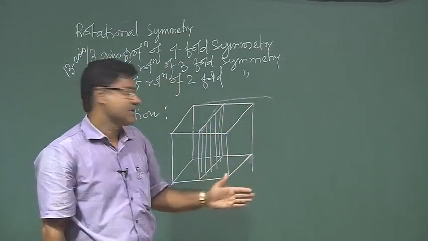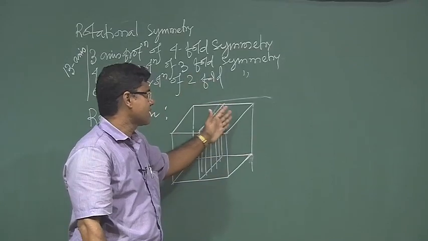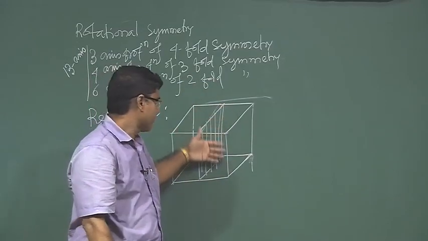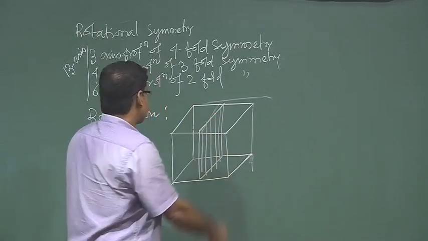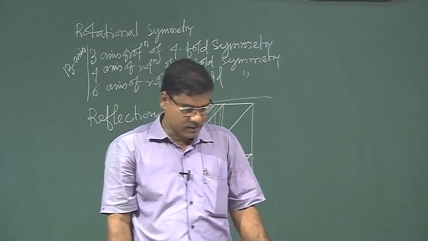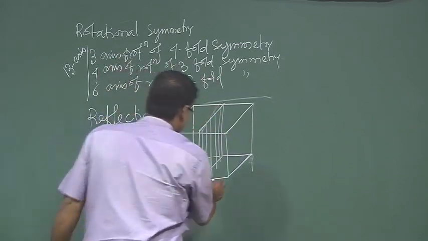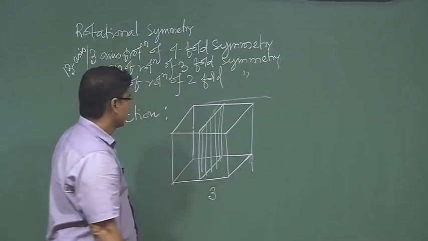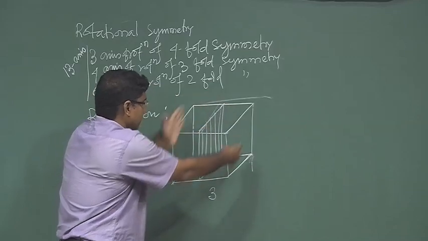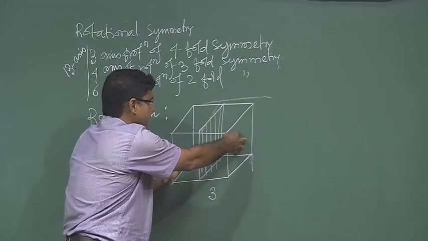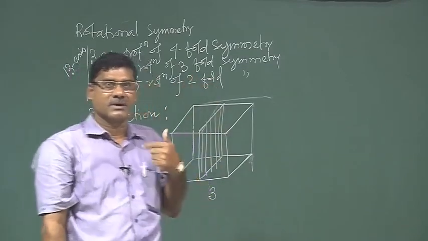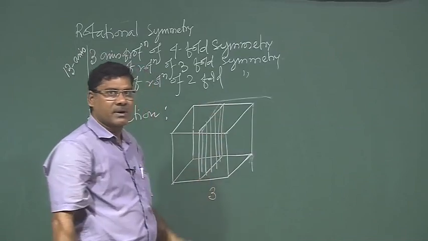So, this cube crystal has symmetry with respect to this plane, the reflection plane or mirror plane. This type of plane you can get 3: two opposite faces give one plane, the other two opposite faces another, and the remaining two another. So, for a total of 6 faces, 3 reflection planes one can get.